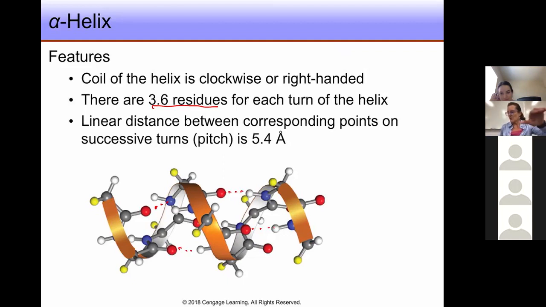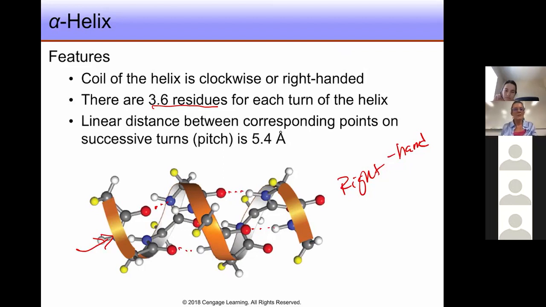With my left hand, my thumb goes up the helix and my fingers go to the back, but that ribbon right here is in the front. So this is a right-handed helix, and that only works with your right hand, right? I point my right thumb down the axis of the helix, my fingers curve towards the back, and the ribbon goes towards the back.